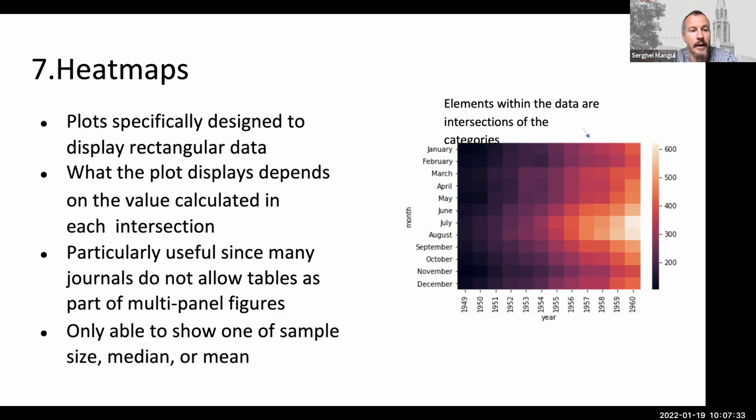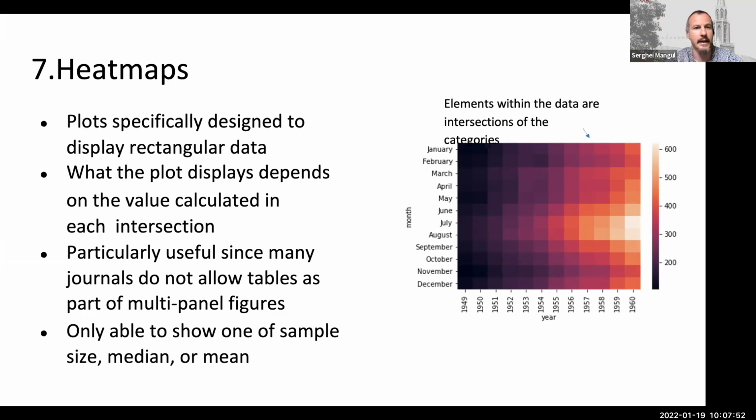Sometimes it's particularly useful because some journals do not allow tables as part of a multi-panel figure. By multi-panel figure, we mean a figure composed of multiple plots. In that figure you cannot insert a table, but a heat map you can. So it's kind of a visualization of the table.